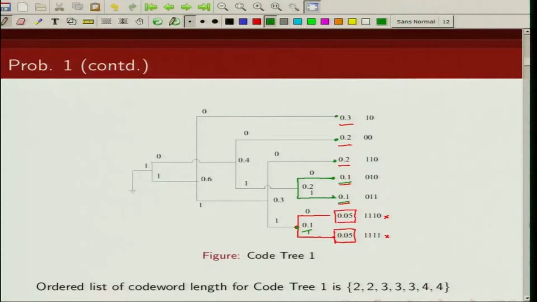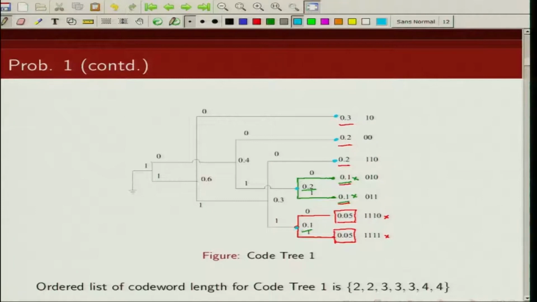I create a new node which has probability 0.2 and I deactivate these 2 nodes. At this point my active nodes are these five.